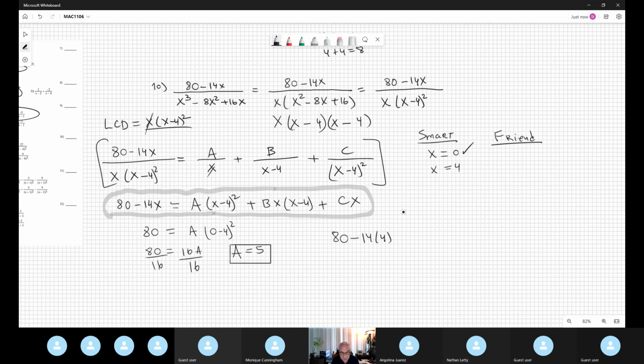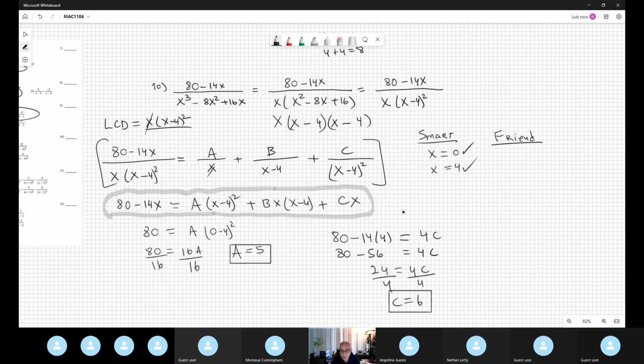I stay alive only with C. 4C. Okay, this is 80. This is 56. Now it is 24, no? Let me put it in my calculator. 80 minus 56. Let's see, it's 24. I don't see very well here. 80 minus 56. Yeah, it's 24. Equals 4C, divided by 4 both sides. C is 6.